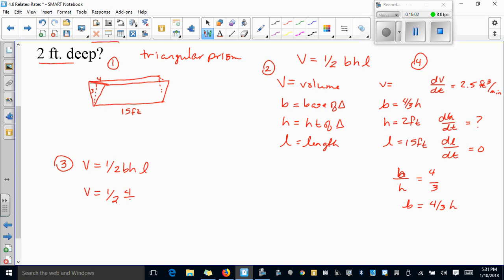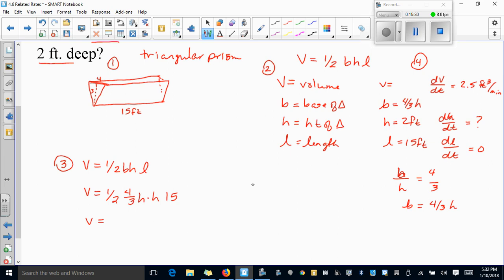Okay, so in the end, the equation we're going to use is 2/3. Oh, we got 15 over here. Okay, a little side work. I have 1 over 2 times 4 over 3 times 15 over 1. The 4 and the 2 cancel out, I'm left with 2. The 3 and the 15 cancel out, I'm left with 5, so I get 10.